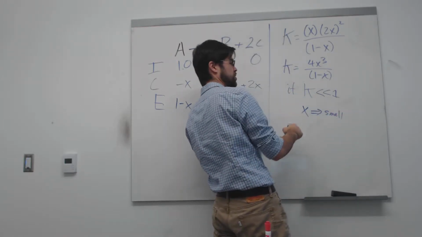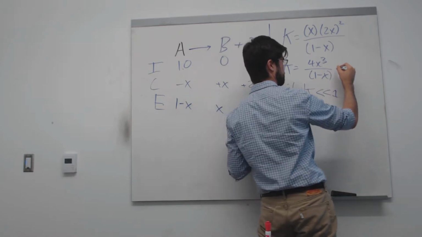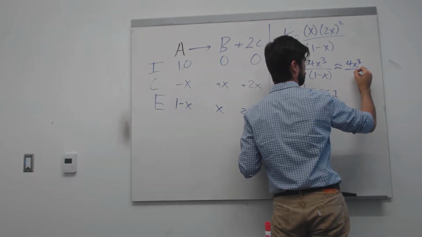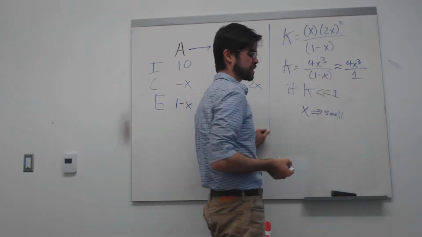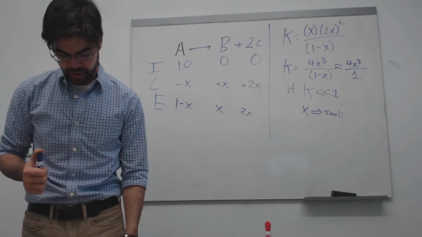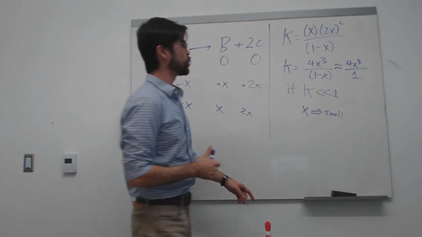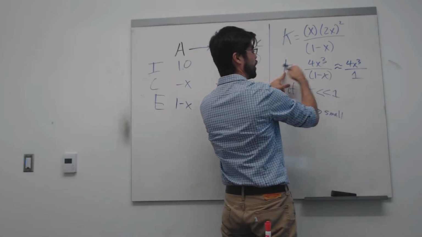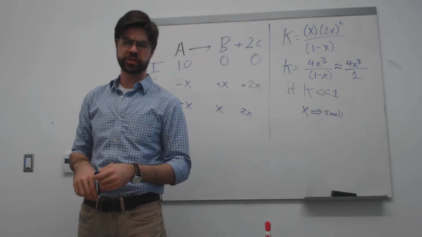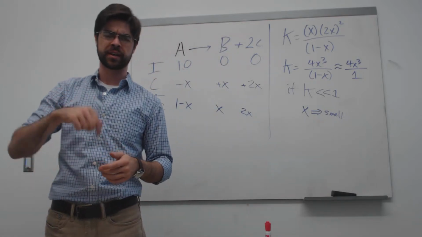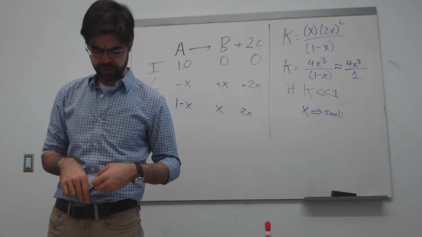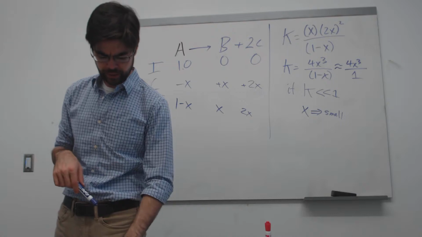And then if X is small, I can make this approximation. I can say K should be approximately equal to 4X cubed over 1. 1 minus something very, very small is still approximately equal to 1. And this is more doable. I can multiply K by 1, divide by 4, and then take the cube root. Most scientific calculators have the ability to take the cube root. So that should be solvable at that point.